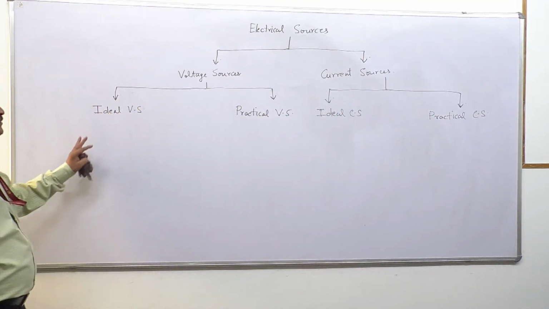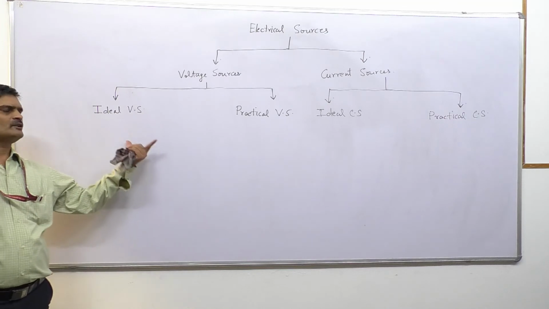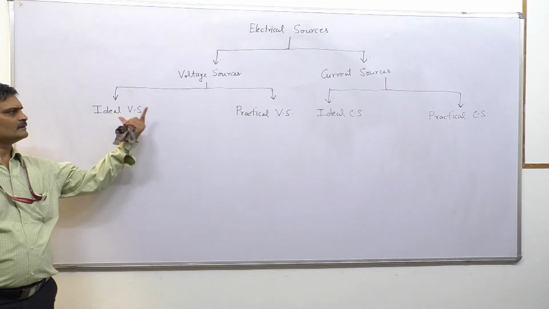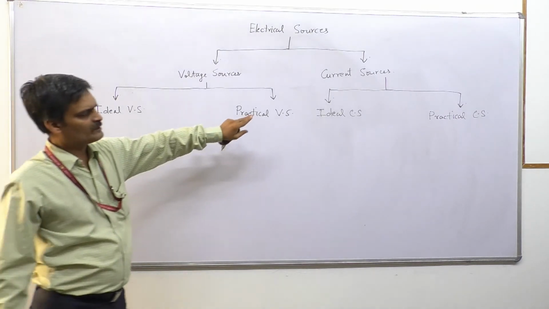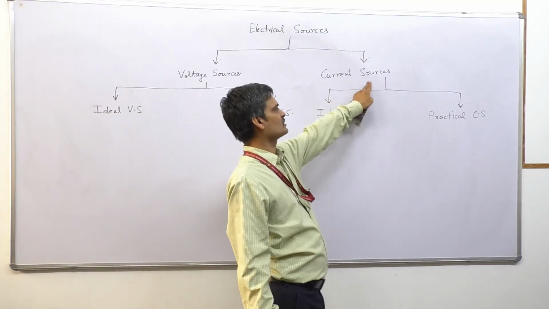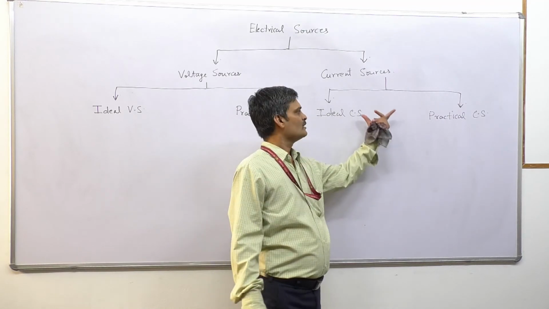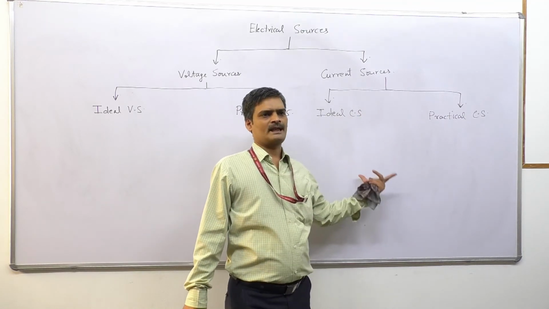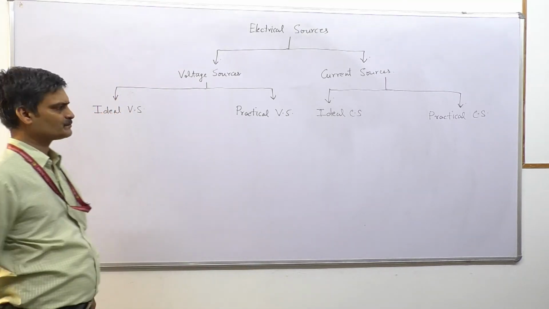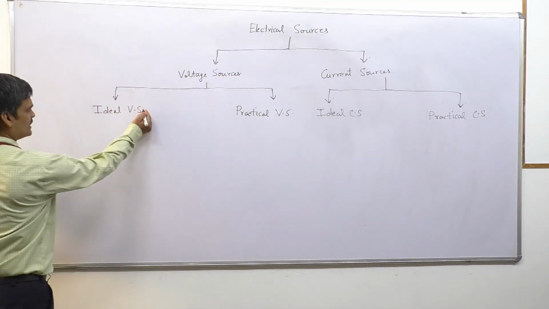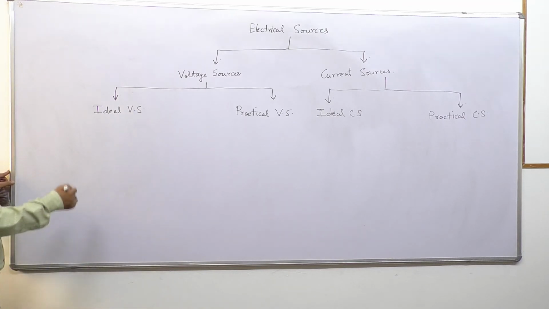From the foundation knowledge, we are already familiar with the term voltage source. However, we may not be familiar with the current source. We don't have any idea about what a current source looks like or what properties are inherited by the current sources. So, we are going to start with the ideal voltage source.